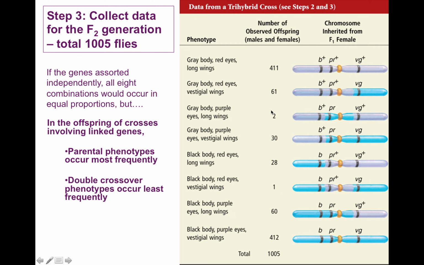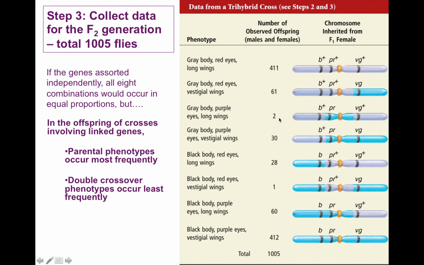So if we look at the double crossover, we can determine which gene is in the middle. The wild type for body color and wild type for vestigial were together in the initial parental chromosome, but here they're combined with a purple allele. So purple is going to be in between the body color and the wing shape.